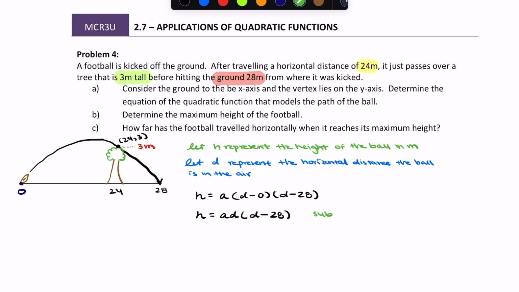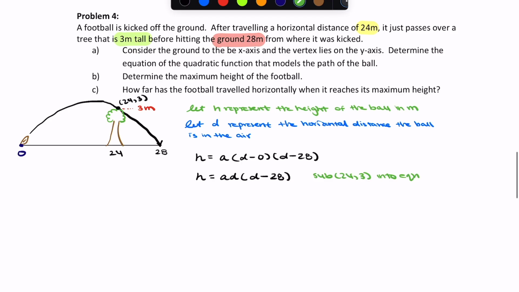So here what we're going to do is we're going to sub 24 and 3 into this equation to find a. And so here we get 3 is equal to a times 24 times 24 minus 28.